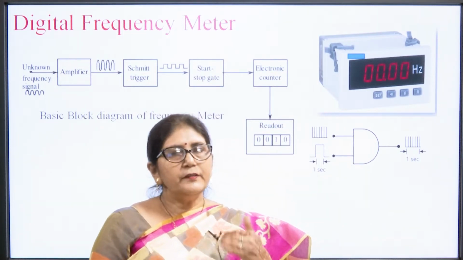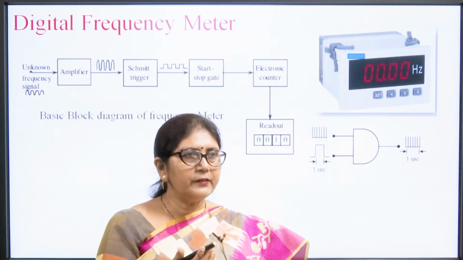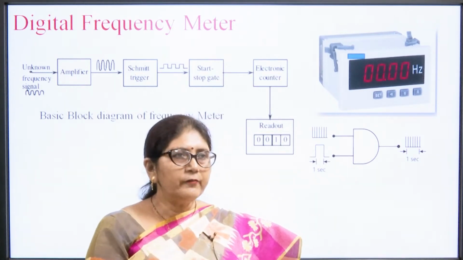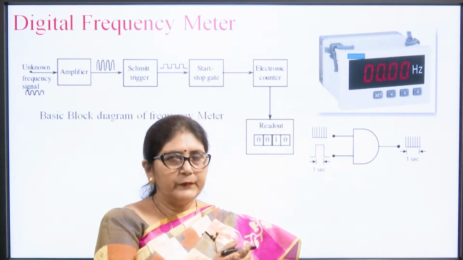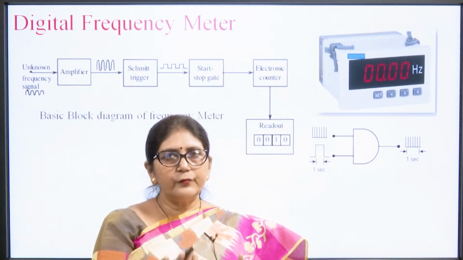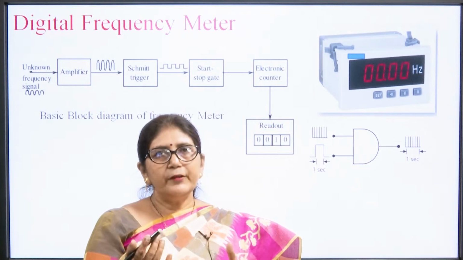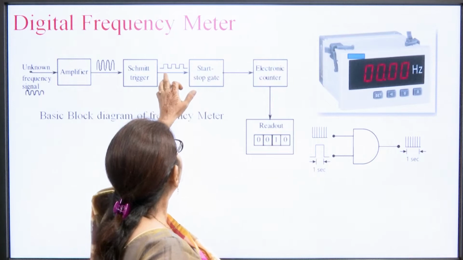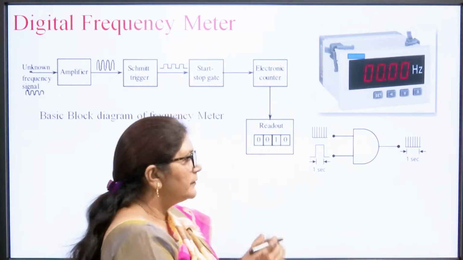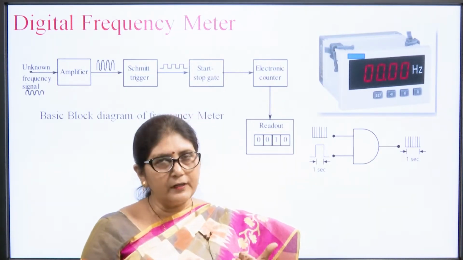Then it is passed through the schmitt trigger circuit. The schmitt trigger circuit converts any type of waveform into a square waveform. So, this schmitt trigger circuit produces the square waveform, and the upgoing edge of the input signal is applied to the start gate.